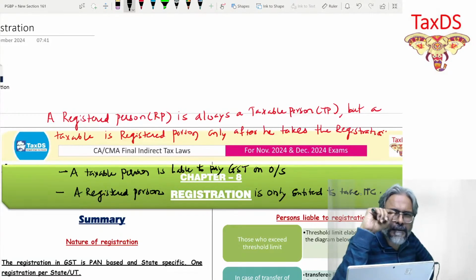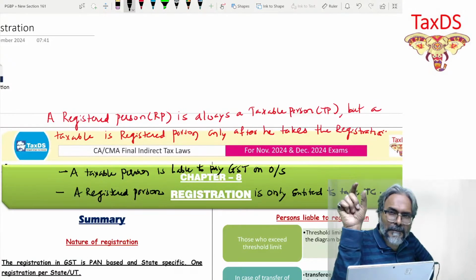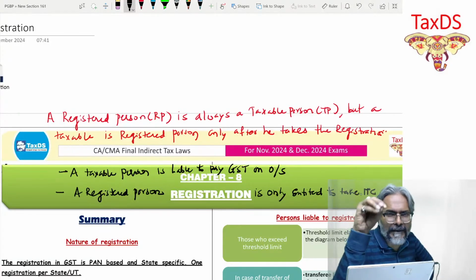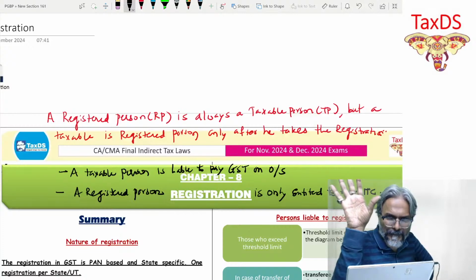Now, who is a taxable person, students, in this context? A taxable person is a person who is liable to get himself registered. Any person who is liable to get himself registered would be considered a taxable person. The chances are very high that he will take a registration, and only after he takes the registration will he be considered a registered person.